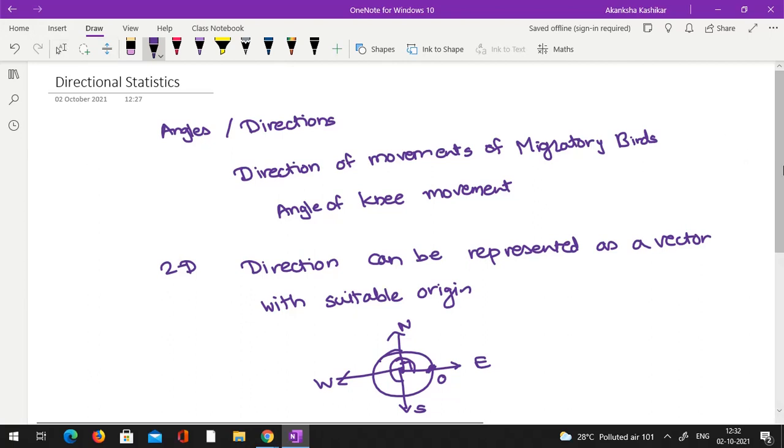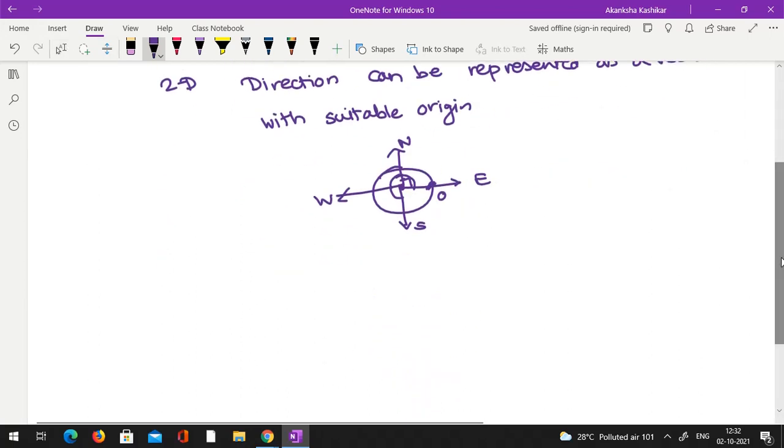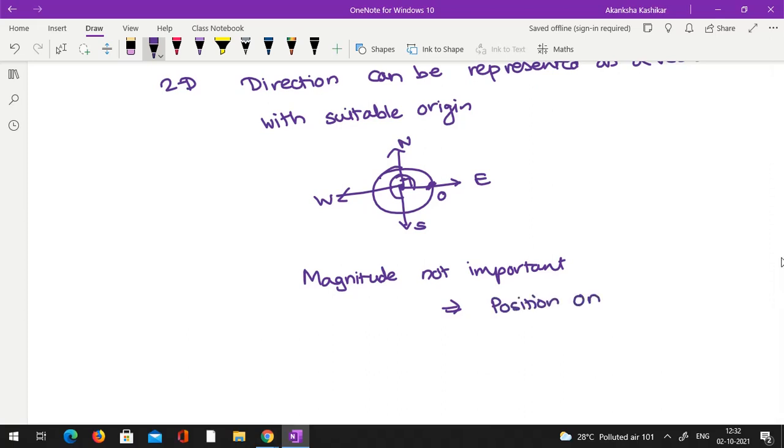So in this way, a direction can be represented via an angle, and if magnitude is not important, then I can place all these points on a unit circle. A unit circle is a circle where the radius is 1.